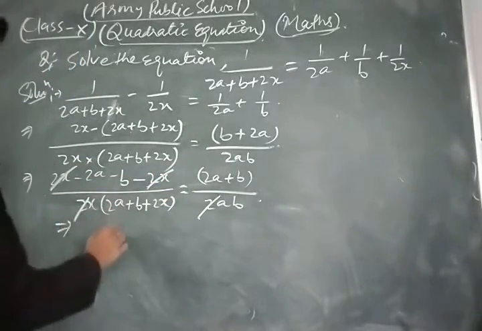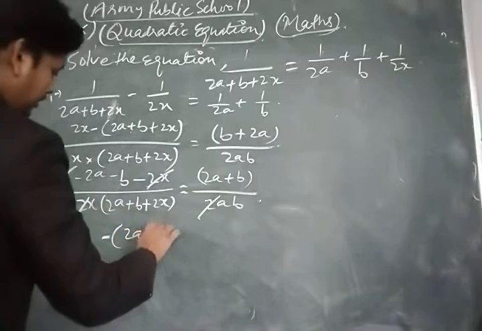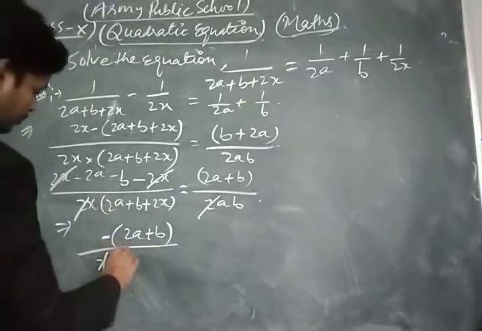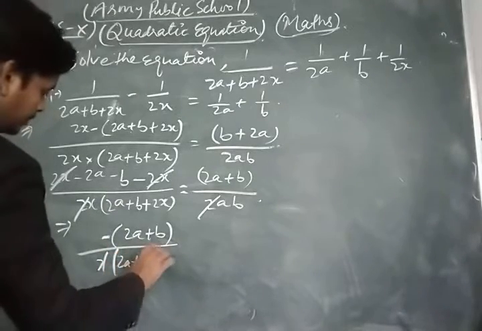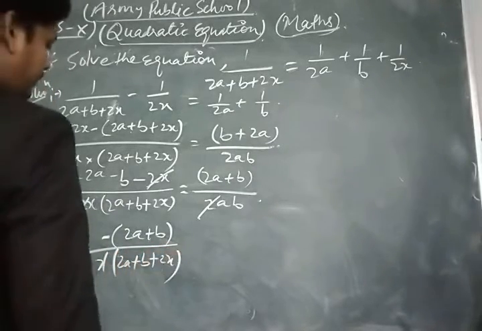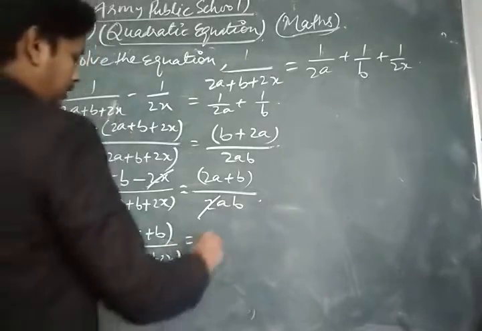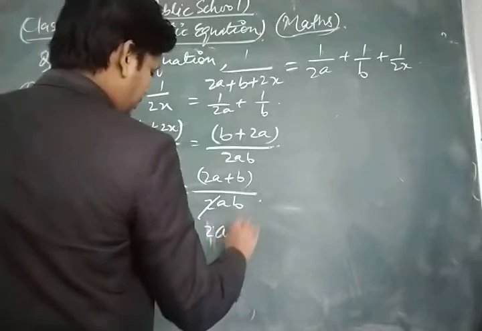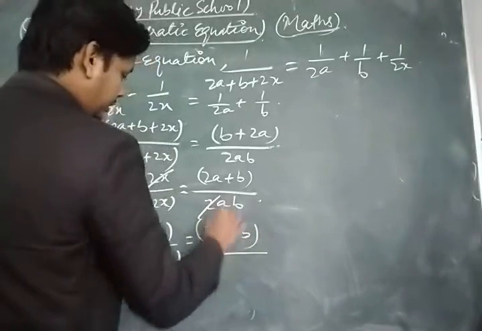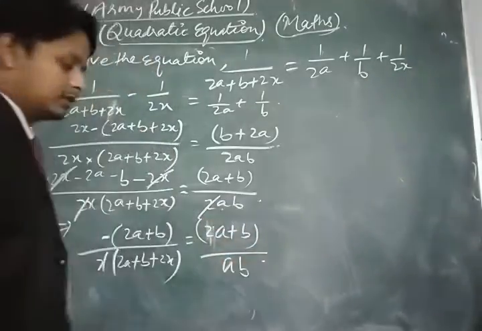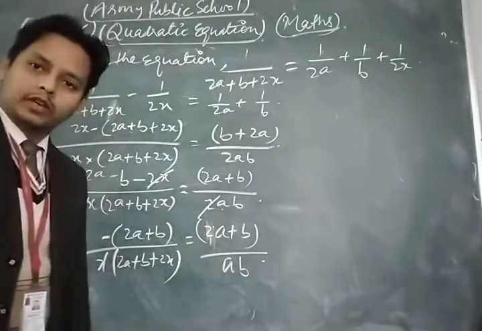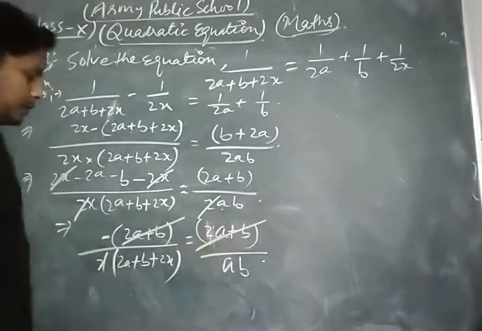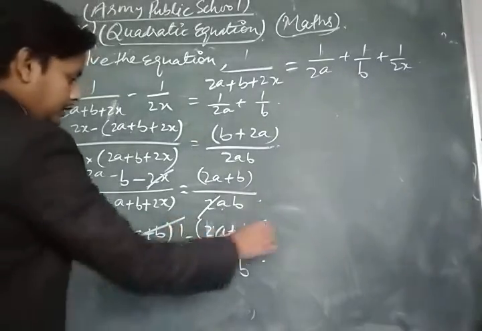So now we take minus as common, so this is 2a plus b upon x into 2a plus b plus 2x is equal to 2a plus b upon a into b. Okay, now look, the whole 2a plus b cancel to each other. Now here 1 is left.